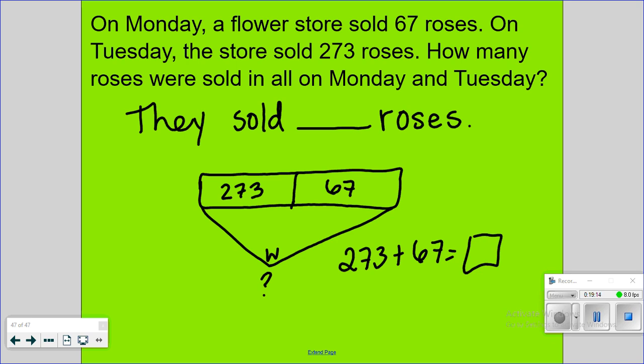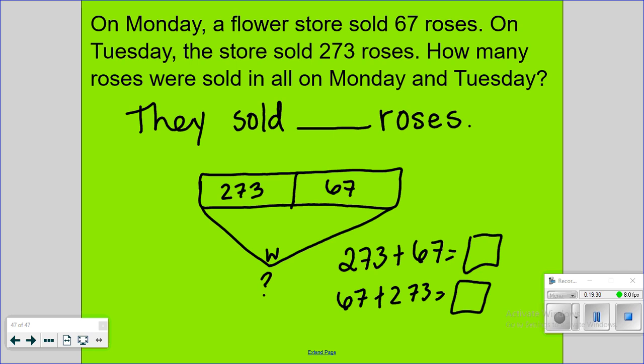Love that. Could I write 67 plus 273 equals box? I can. It just looks a little different.